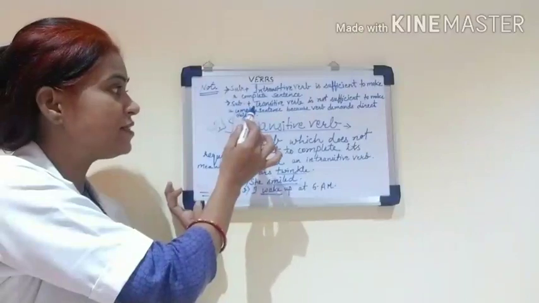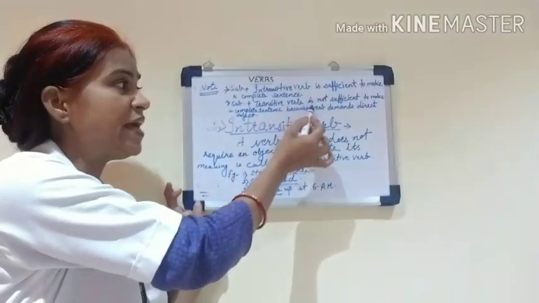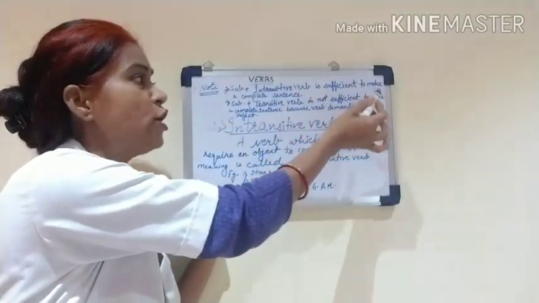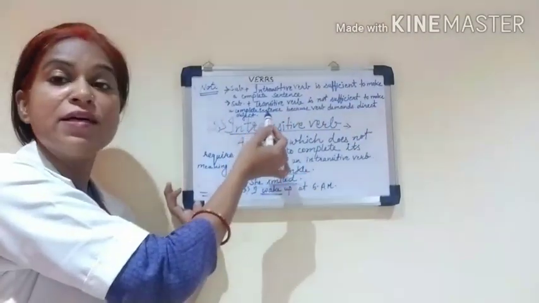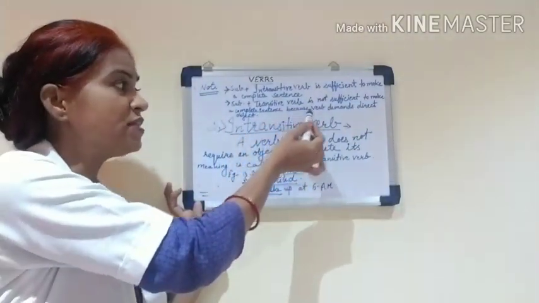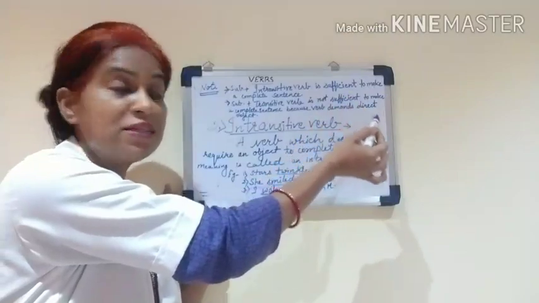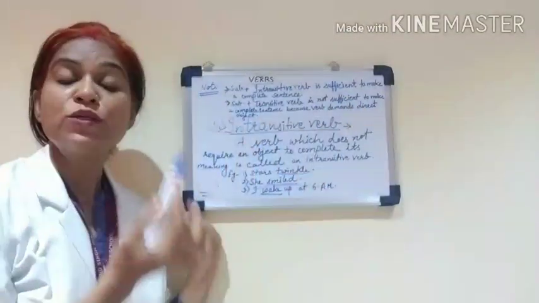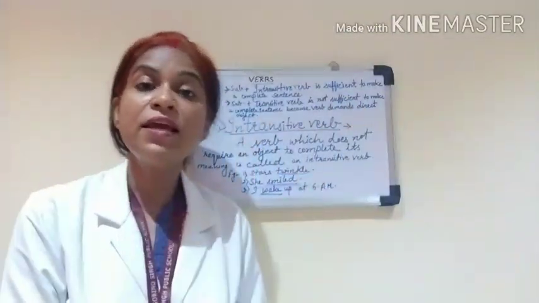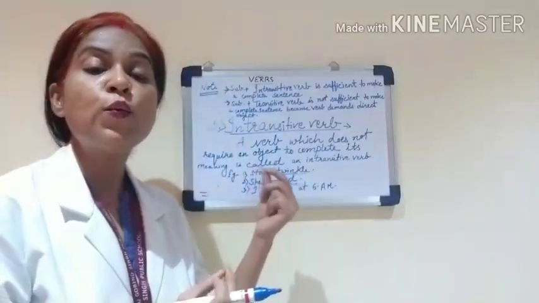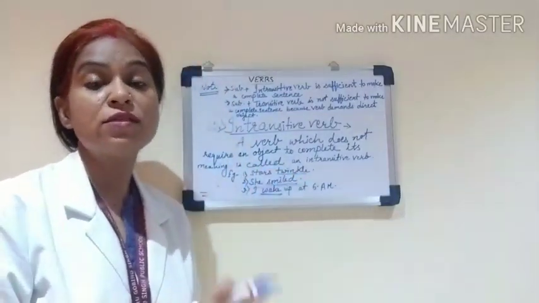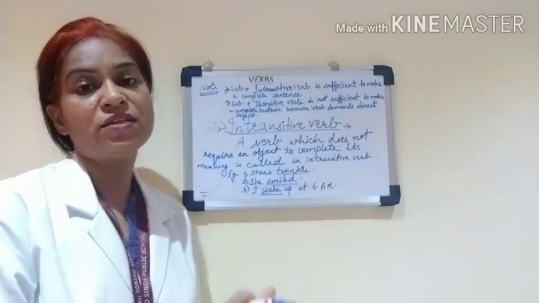Subject plus transitive verb is not sufficient to make a complete sentence because the verb demands direct objects. So by this you can easily identify which verb is transitive or intransitive.